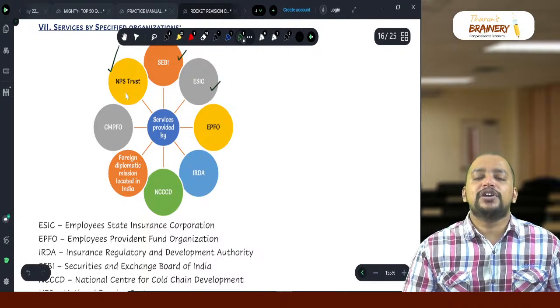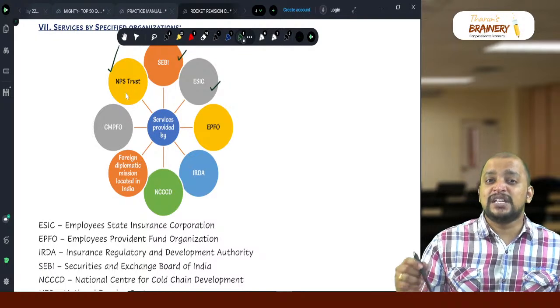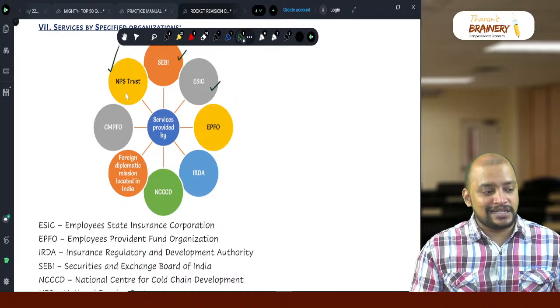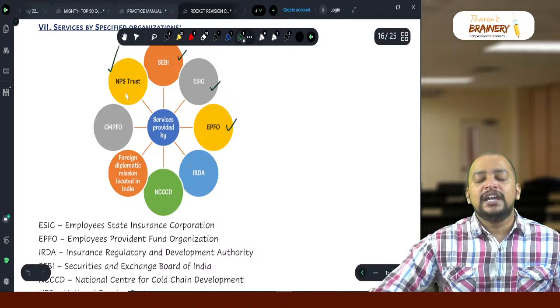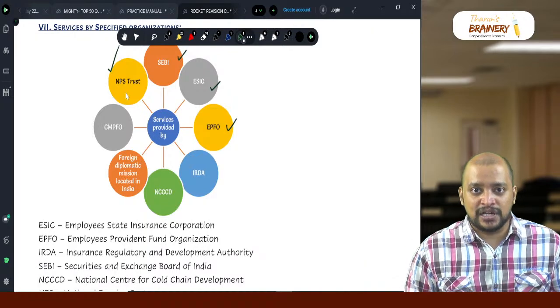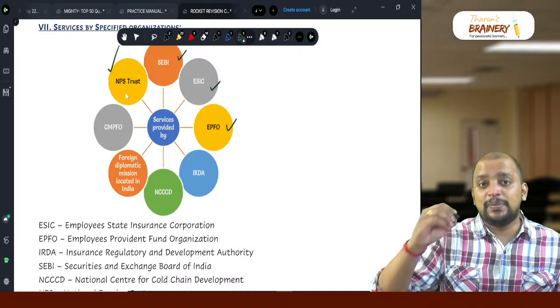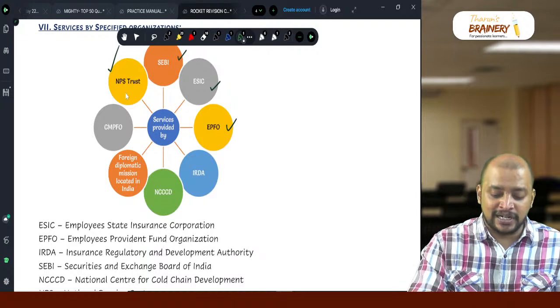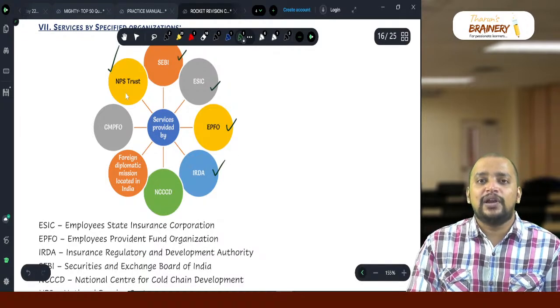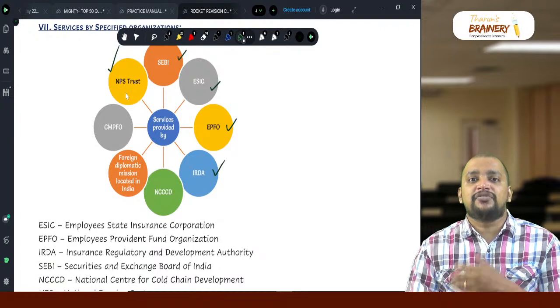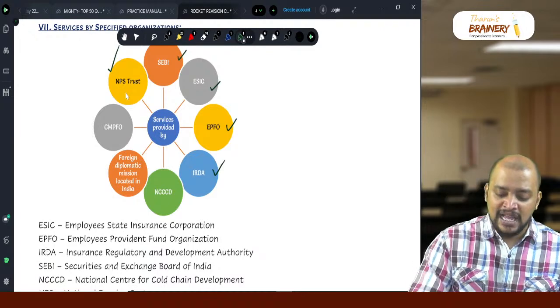ESIC, Employees' State Insurance Corporation, receiving money from the factories, exempted. Then EPFO, Employees' Provident Fund Organization, collecting PF contribution from establishments covered under the PF Act, exempted. IRDA, Insurance Regulatory and Development Authority, collecting money from insurance companies, exempted.